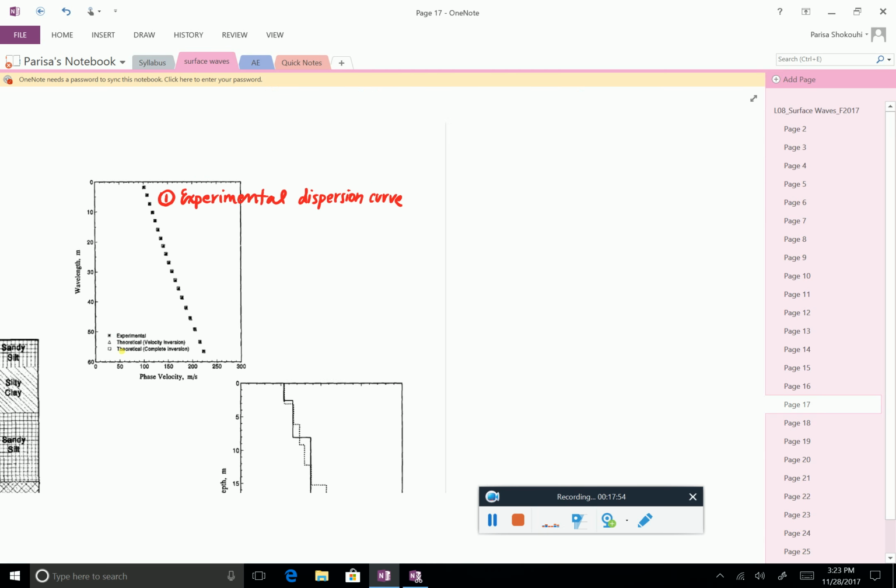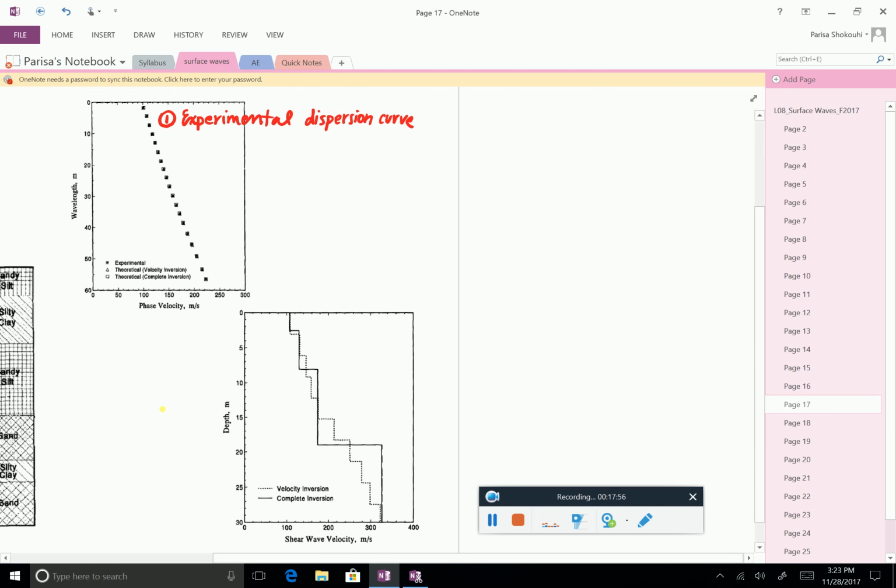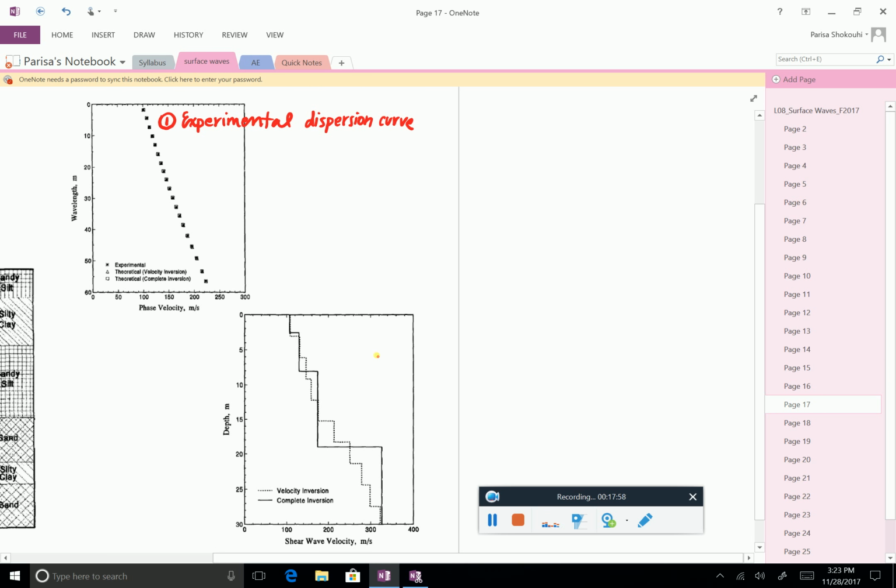Then what you do is that you come here, you assume a certain layering, certain thicknesses, and certain wave velocities, a velocity profile. And then you can calculate the theoretical dispersion curve. You just model it, just like what you did with COMSOL. Now all of you are experts at doing that. And then you do inversion.